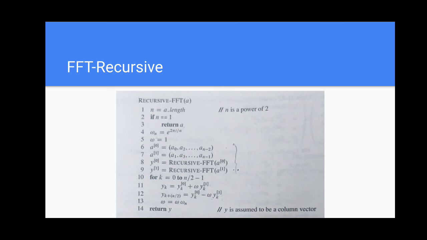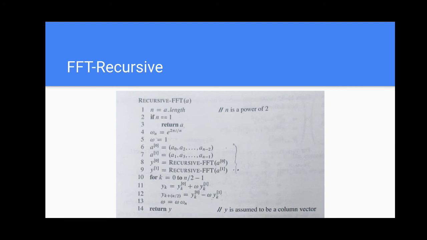It is given in the loop from line number 10 to line number 13, for k varying from 0 to n/2 minus 1. Notice the important thing here. Instead of going from 0 to n minus 1, we are going only up to n/2 minus 1, because from the first value calculated, we can calculate the other half also.